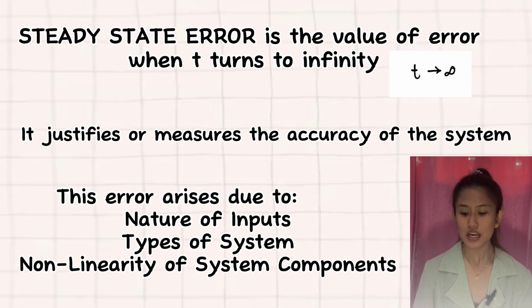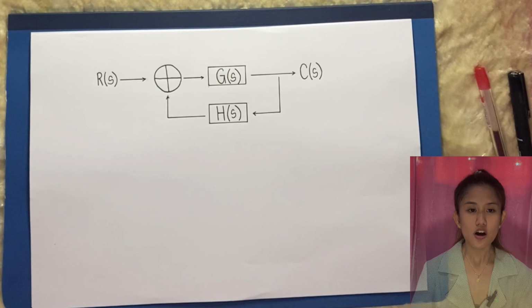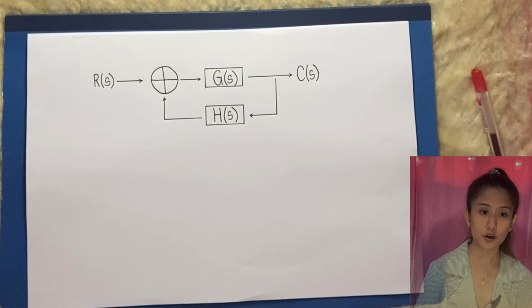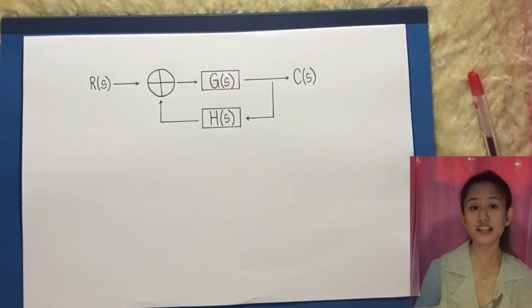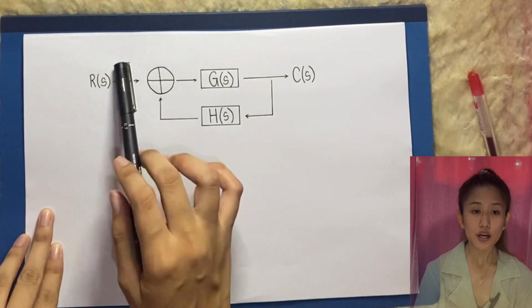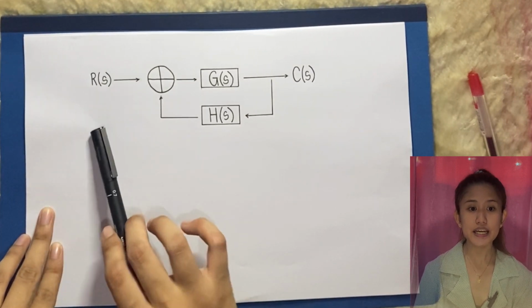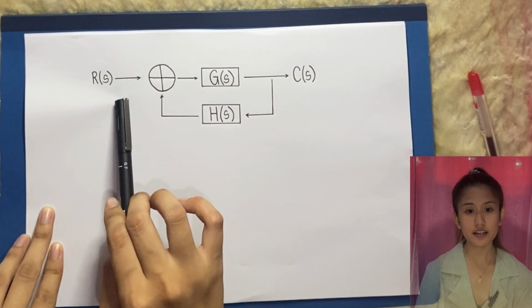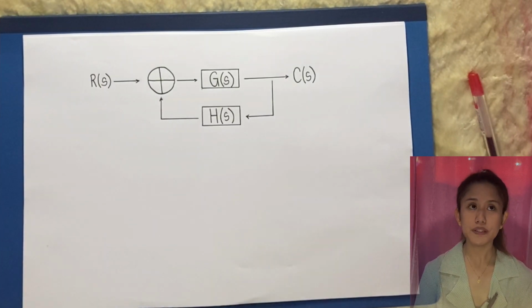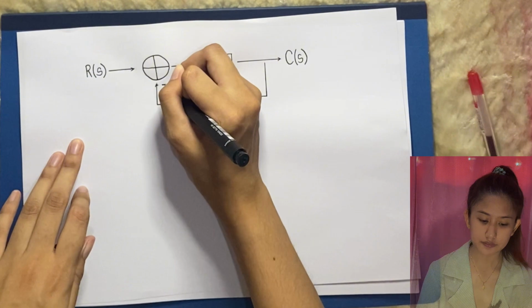So here, we have a negative feedback system where this is the input, which is R of S, and we have feedback, and this is a negative feedback.